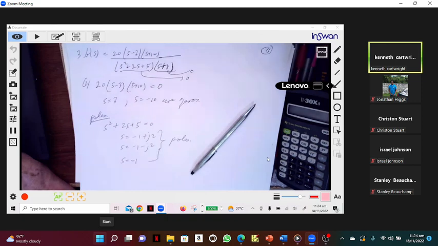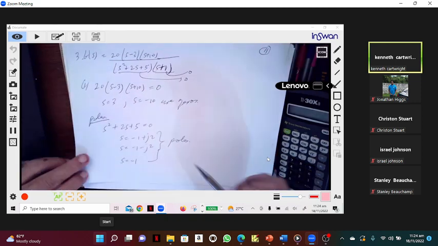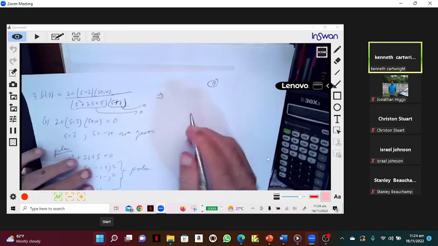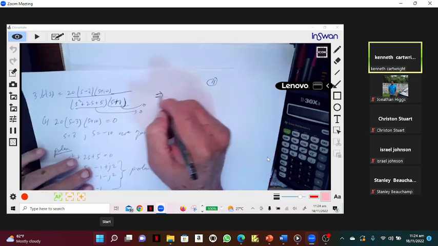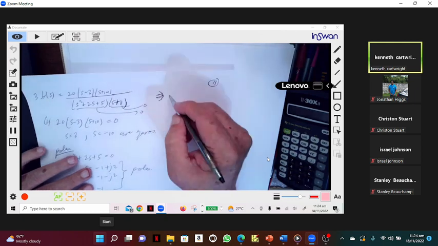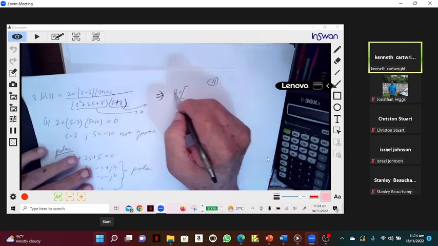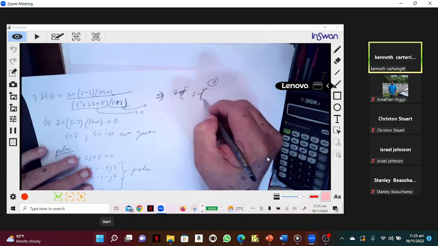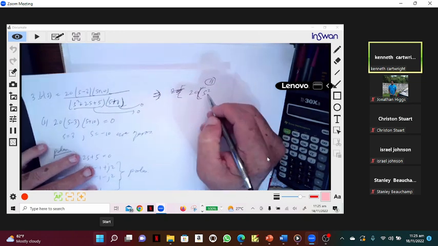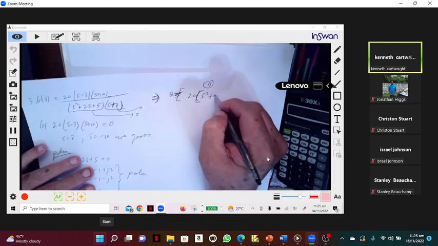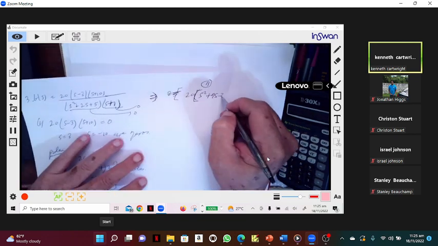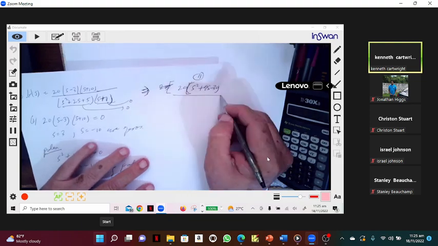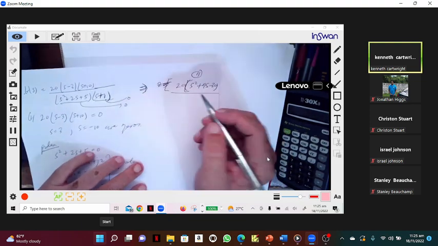So let me just rewrite the top, and then the bottom.